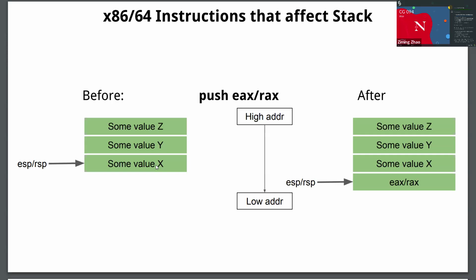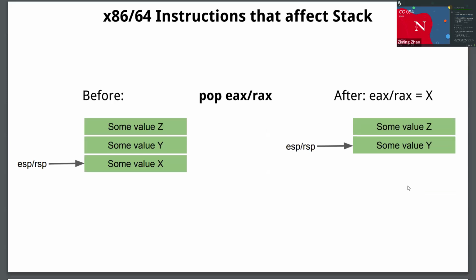First, it will decrement the register ESP by 4 bytes. If it's a 64-bit machine, it will be by 8 bytes. So it will move ESP or RSP down first. Then the value of EAX will go to this memory location. Okay, that's it.